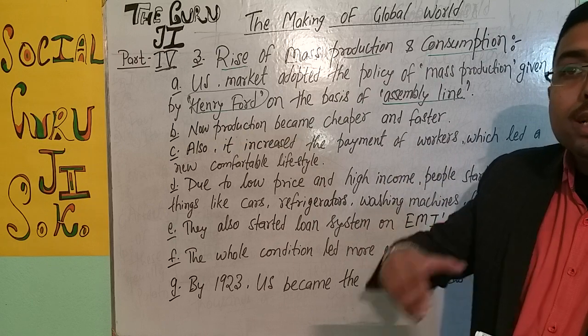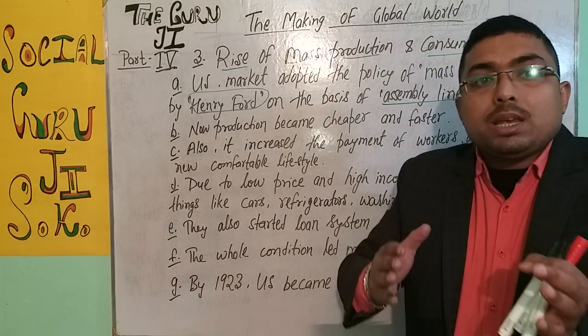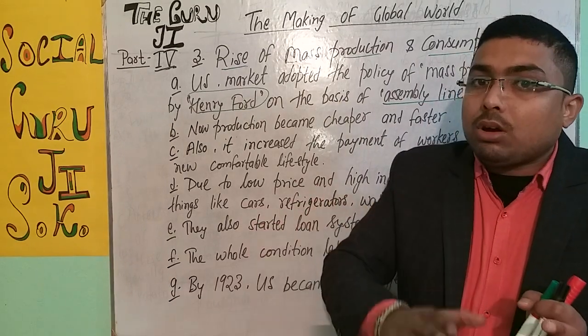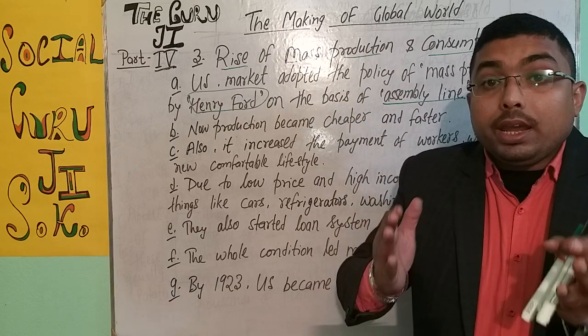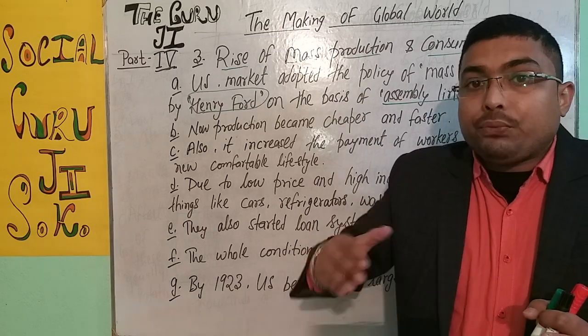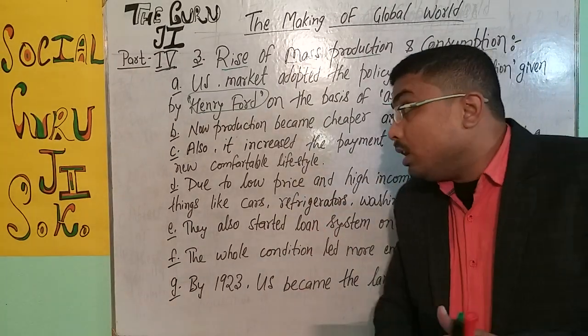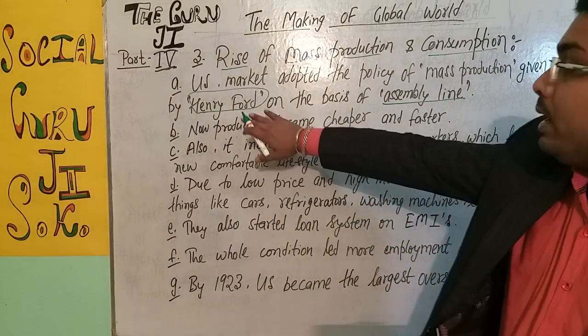So in this process he became knowledgeable, practiced, and skilled for doing that job, and he started doing that job speedily, in a perfect manner, and in very less time. So this is called the assembly line process and it was adopted by Henry Ford.